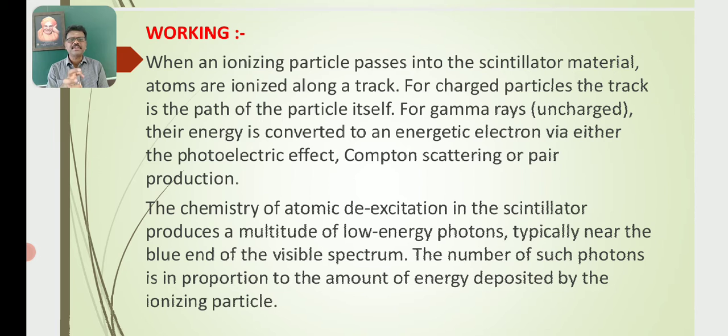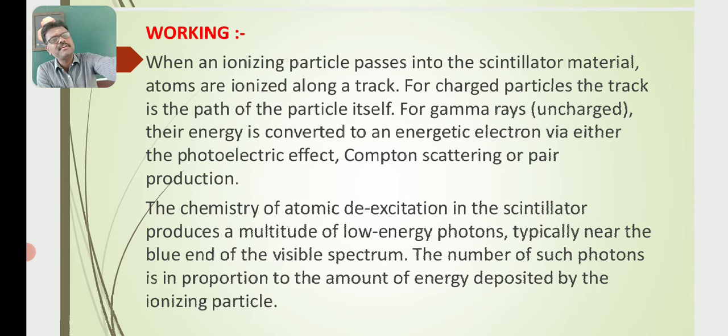So the chemistry of atomic excitation in the scintillator produces a multitude of low energy photons, typically near the blue end of the visible spectrum. The number of such photons is in proportion to the amount of energy deposited by the ionizing particle.